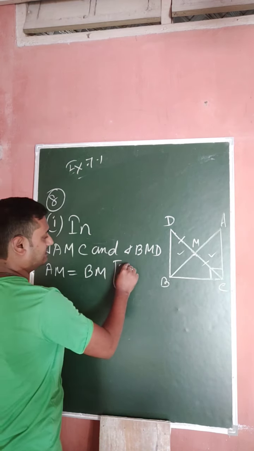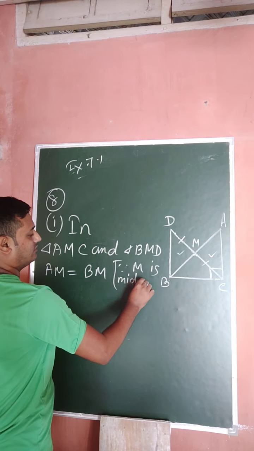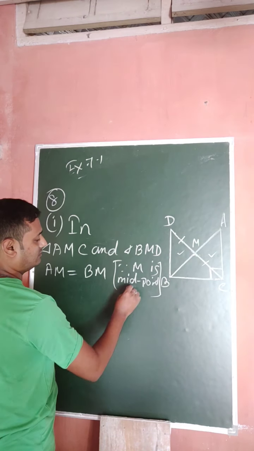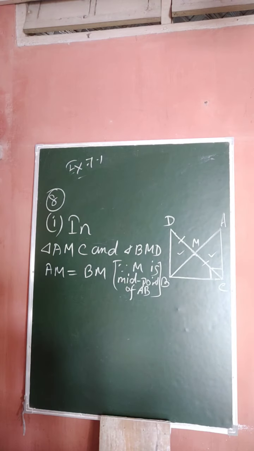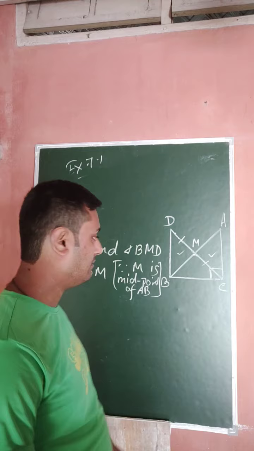And the reason is, since M is the midpoint, you have to write within brackets, midpoint of AB, because it is not directly given that AM is equal to BM. It is given that M is the midpoint of AB, so that is why AM is equal to BM.